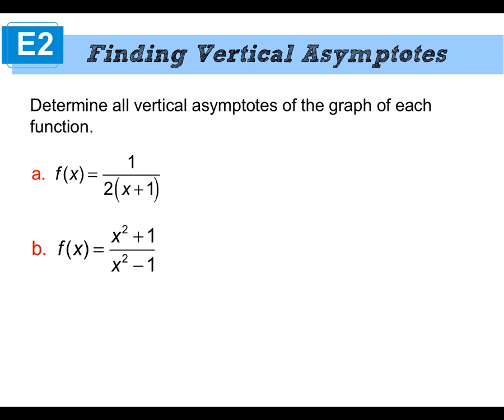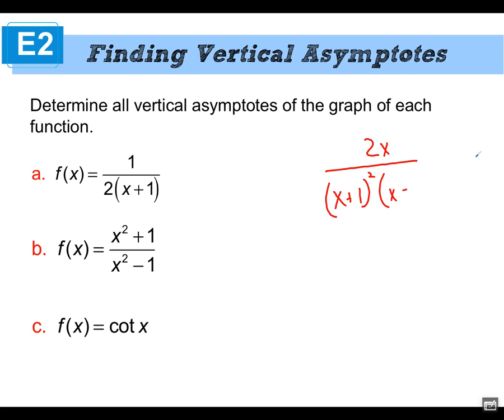So as a quick demo here, if I had a weird function like 2x over x plus 1 squared times x minus 3. 2 asymptotes, where are they? -1 and 3.